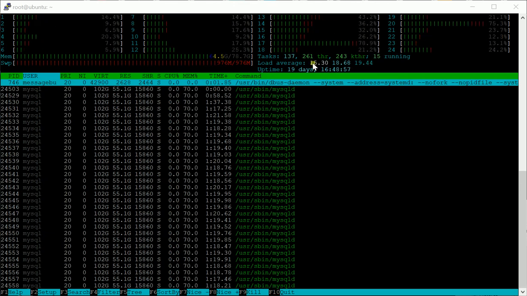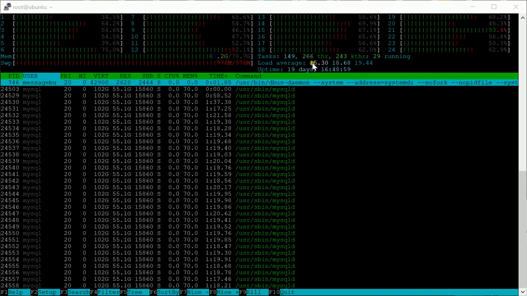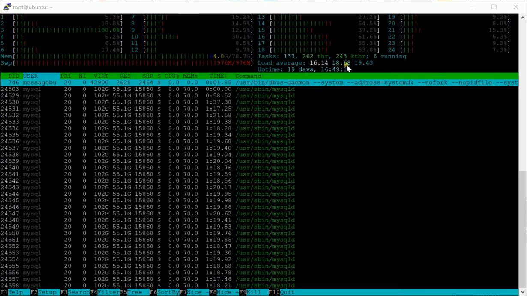But the load average depends on the time period. This was I think 15 minutes, this was 30 minutes, this was 1 hour or so. It's an average over each of those time periods. It means that on average 17 cores are used at the maximum, and on a larger time frame 18 cores, and on a still larger time frame 19 cores.